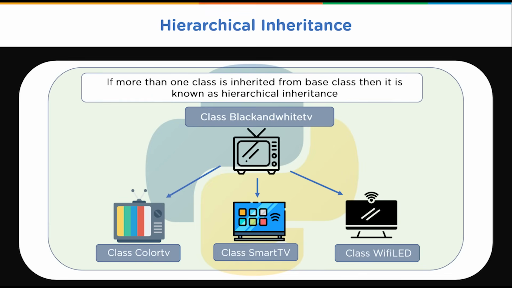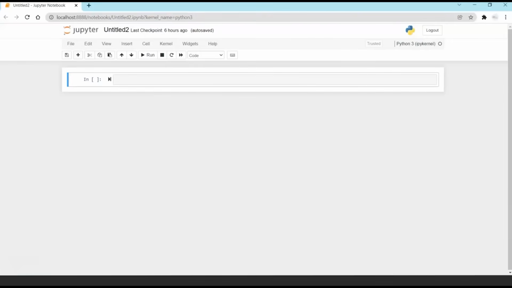The color TV is inheriting the features of a black and white TV. Smart TV is also inheriting the features of a black and white TV, and the Wi-Fi LED TV is also inheriting the features from black and white TV. So it's a very typical example of a hierarchical inheritance. Now let's quickly look at the examples.